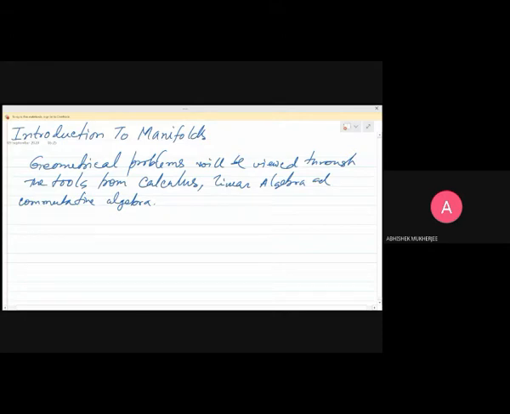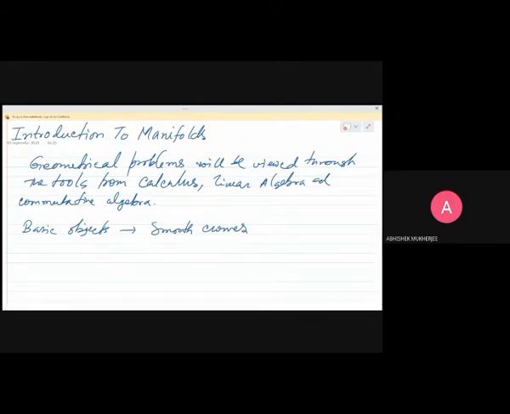Okay, and the basic objects in differential geometry are smooth curves.